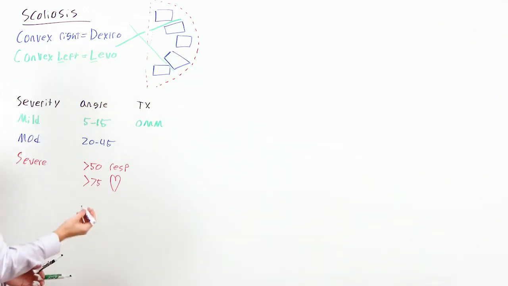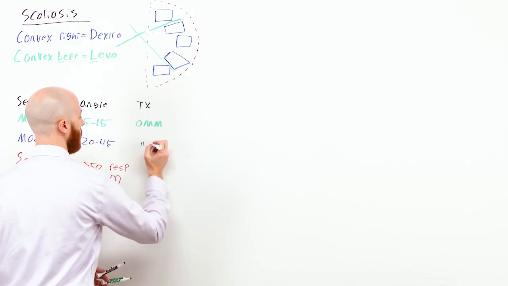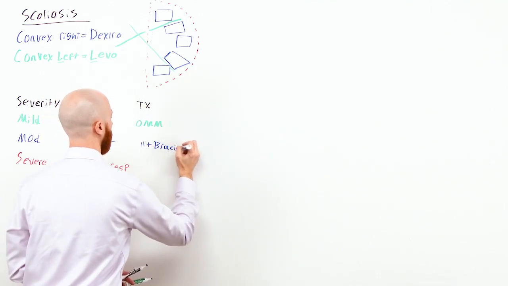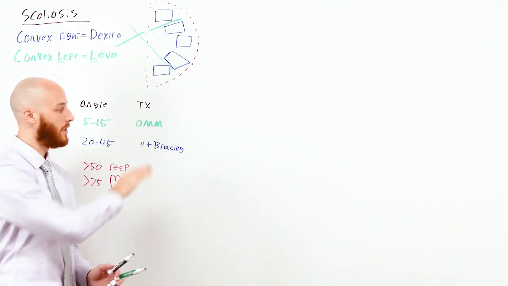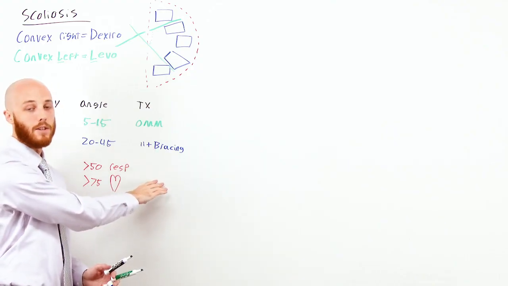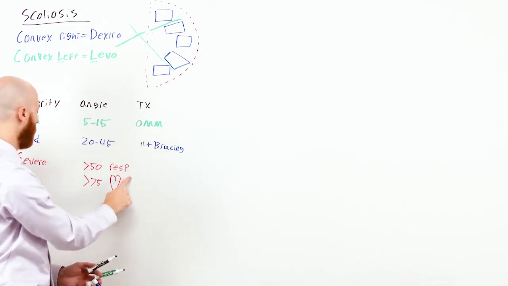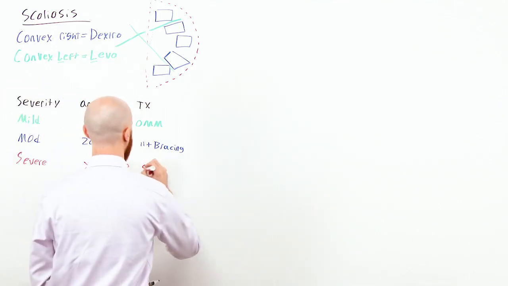What about for moderate? Moderate, you can use OMM, but you also need to start thinking about bracing. Not going to go into the details about bracing, just know that as you move down the scale, you need to start doing more treatments than just OMM alone. Once you get down into the severe category, this is when you start needing to think about surgery.